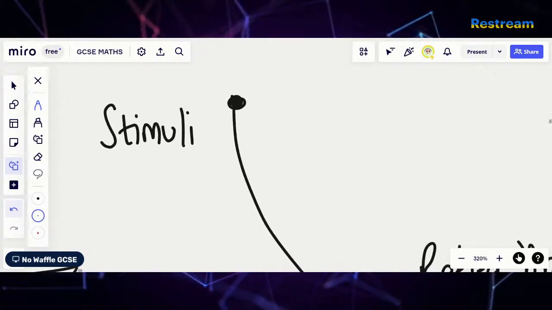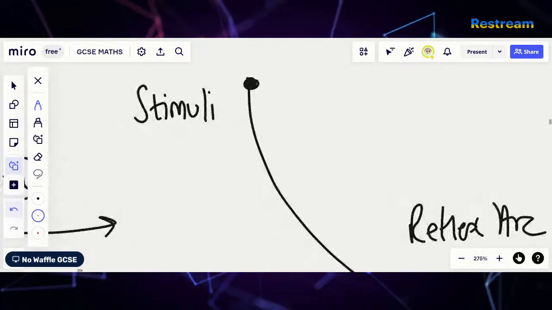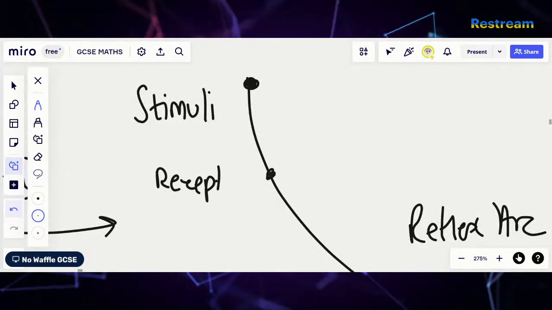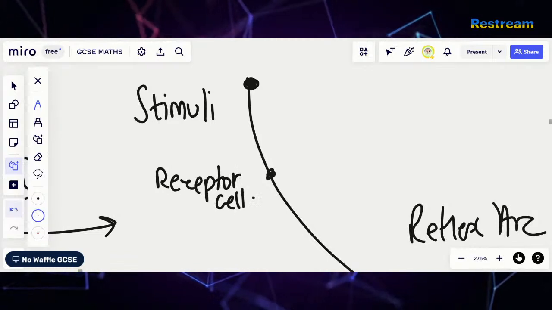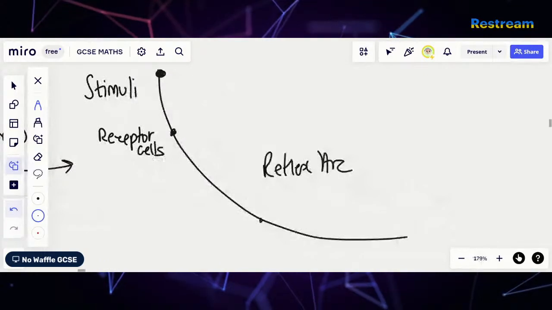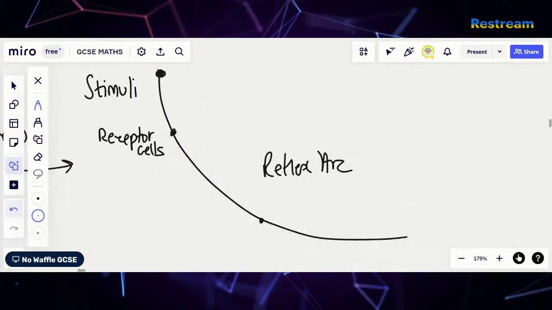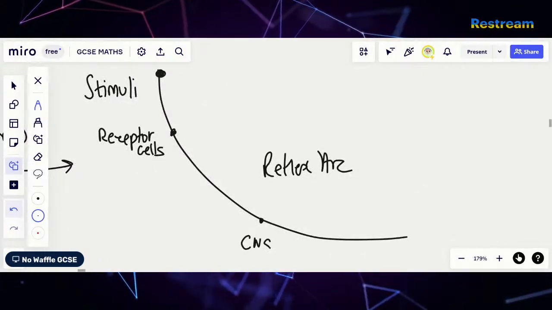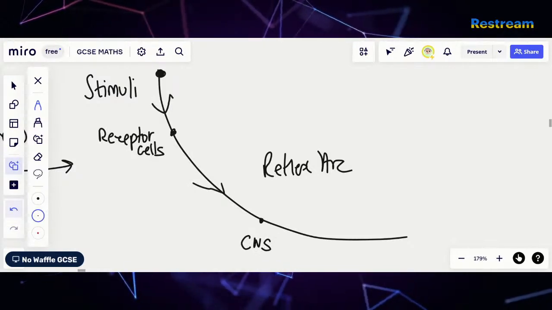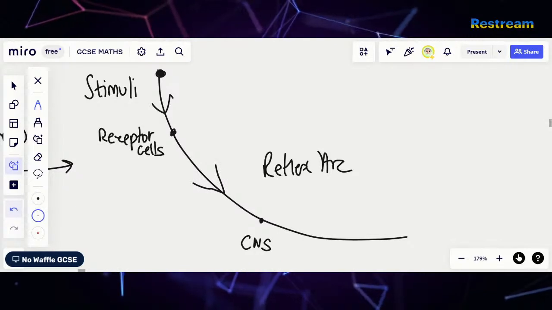It's a key point, it's external. The stimulus is picked up by receptor cells. The receptor cells then have to convey their information to the CNS. But how does it do this? It does it through neurons.